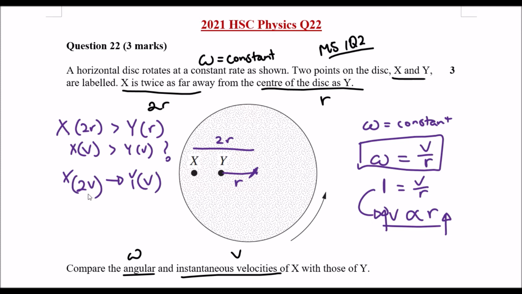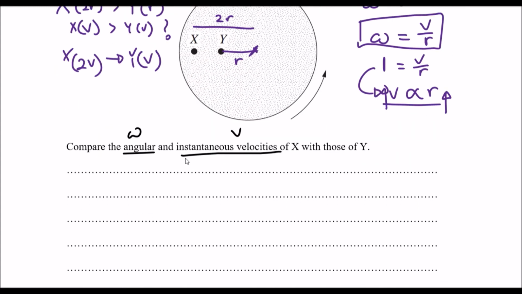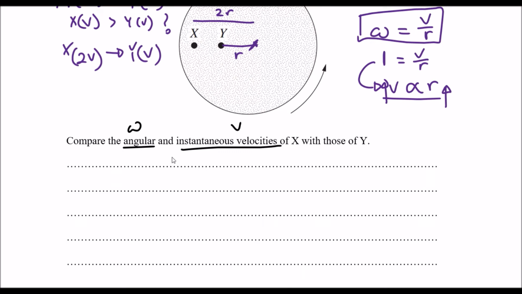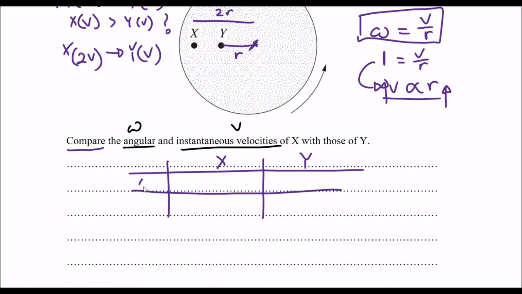So let's try and word it as a table, and we can go through that. When we're trying to do a compare type of question, you could try and do it in subheadings, and explain like that. I'm going to show you a slightly different format, which is using a table. So I'm going to say this is x, this is y, and we're going to talk about its angular velocity and linear velocity.